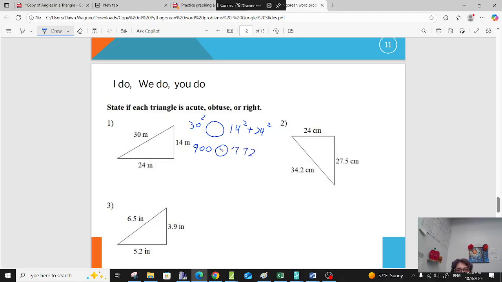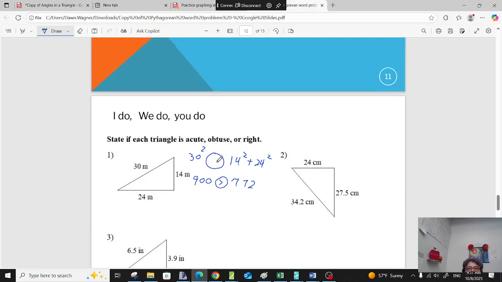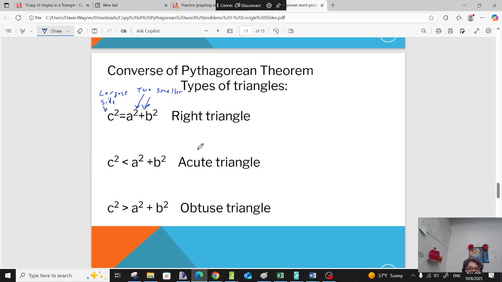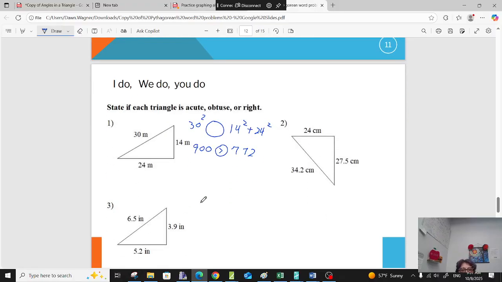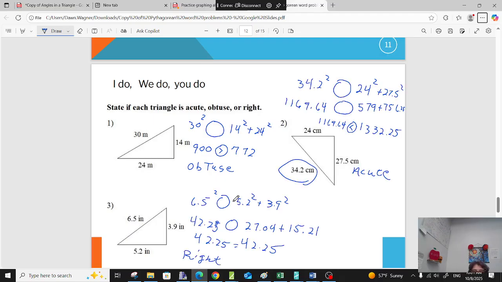So it would look like greater than, right? And if I go back up to my chart, it would be an obtuse triangle. So this would be obtuse. Okay, you try to do number 2 and 3, please.